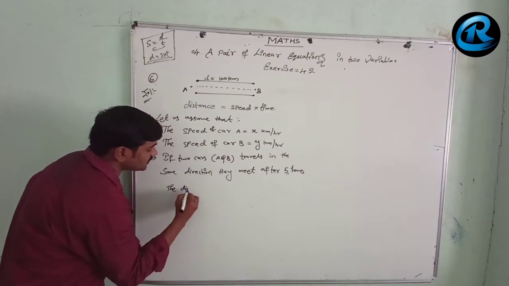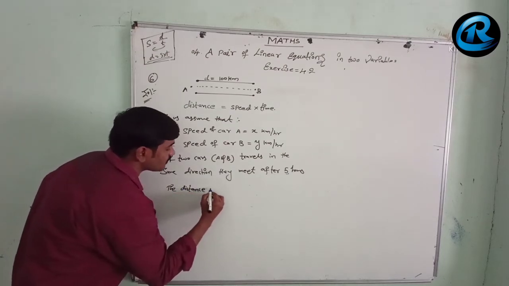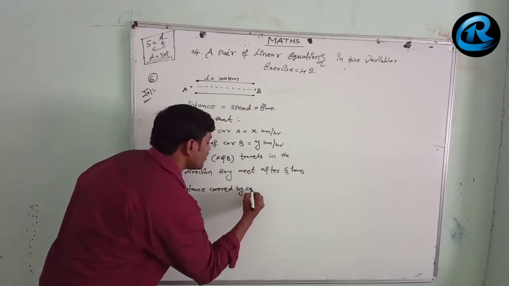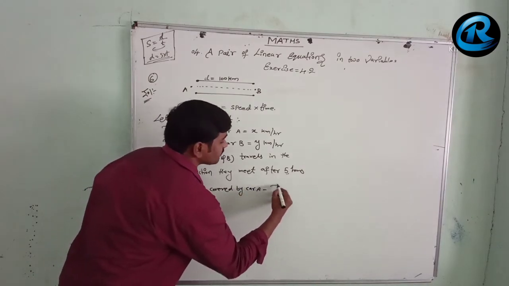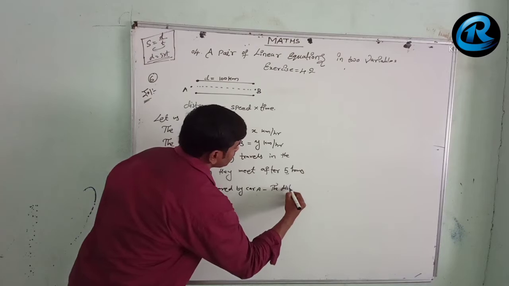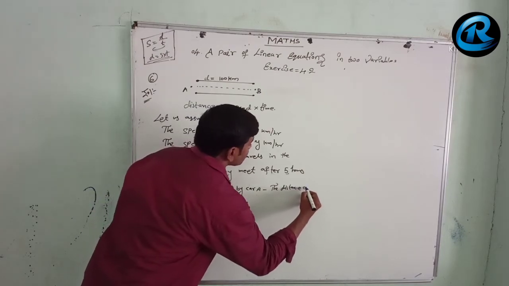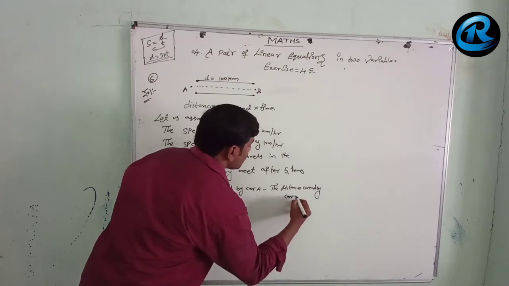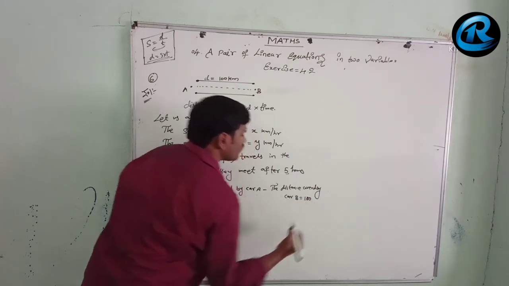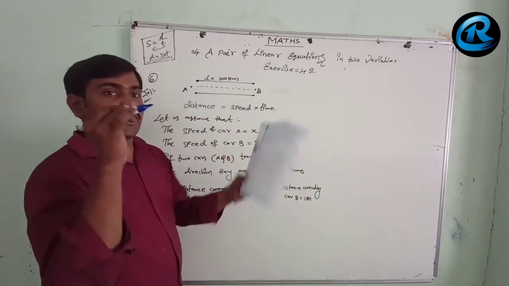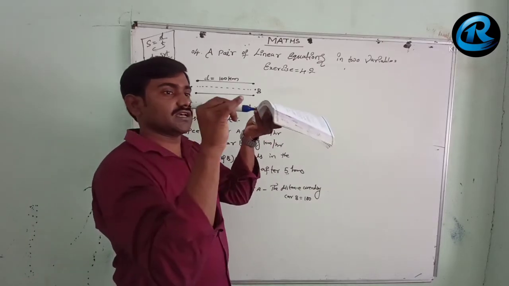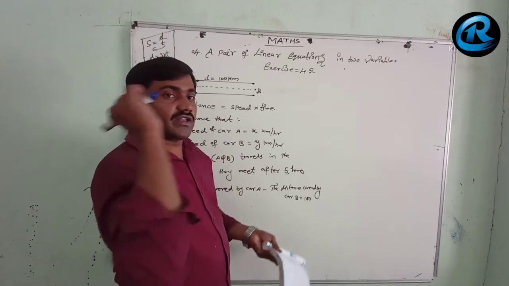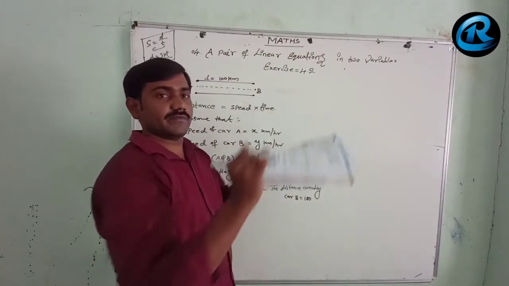The distance covered by car A minus the distance covered by car B equal to 100 kilometers. So car A and car B, this distance covered and this distance covered. Okay, car A speed minus car B speed.